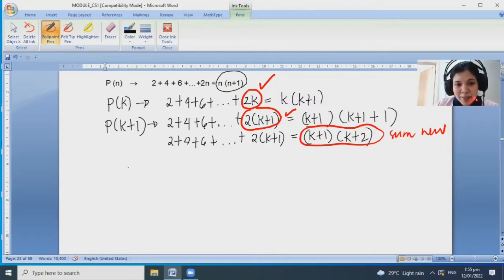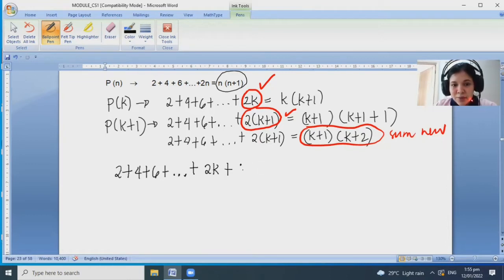So, ang mangyayari dito, magkakaroon tayo ng 2 plus 4 plus 6 plus and so on and so forth plus 2k plus 2 times k plus 1. Sila yung magkasunod. Diba?